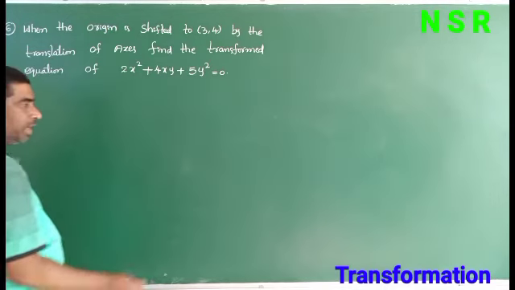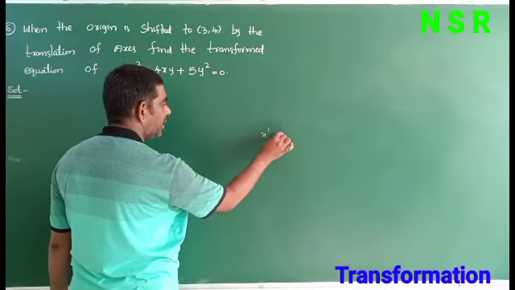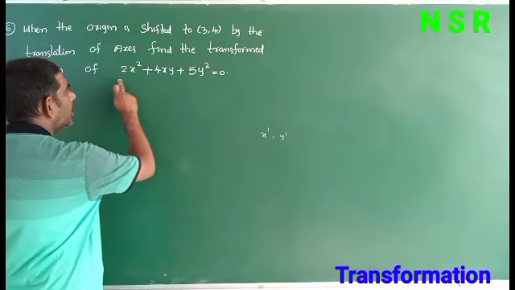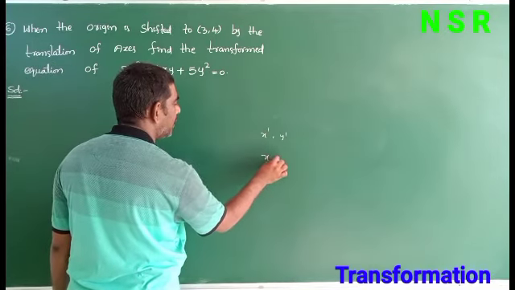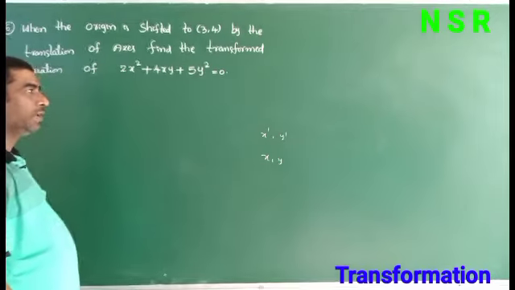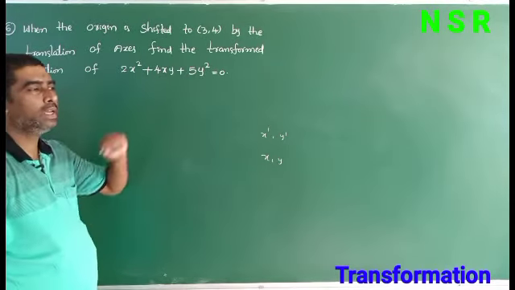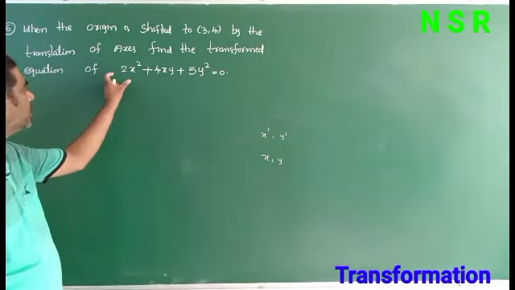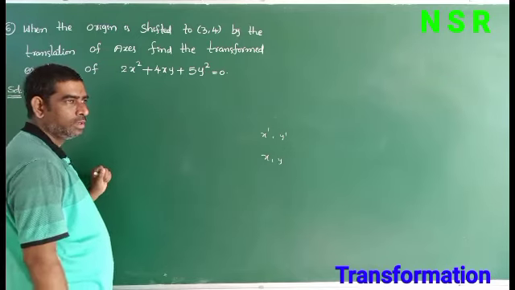So, we have to find the x dash y dash equation. Here the given equation is an xy equation. Listen carefully, we have to find the transformed equation of this equation.